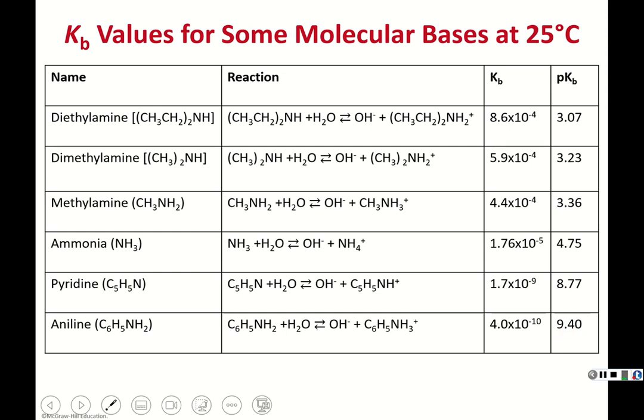So that's another good thing to mention: pKa values and pKb values have an inverse relationship in terms of acid and base strengths. For Kb or Ka, the higher that value is, the stronger that acid or base is. For pKa or pKb, it's the opposite. The lower the pKa or pKb value, the stronger the acid or base.